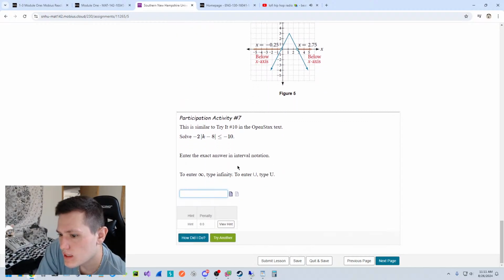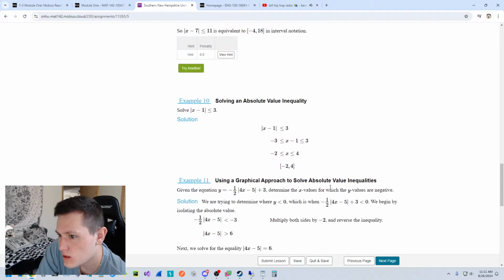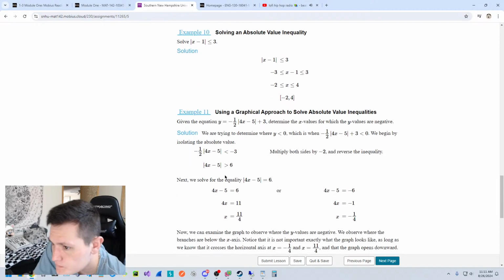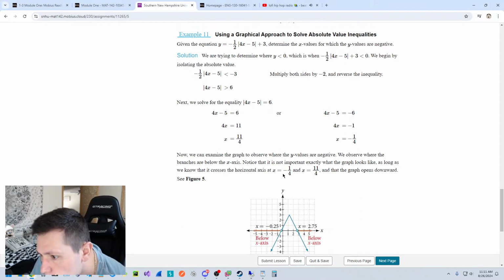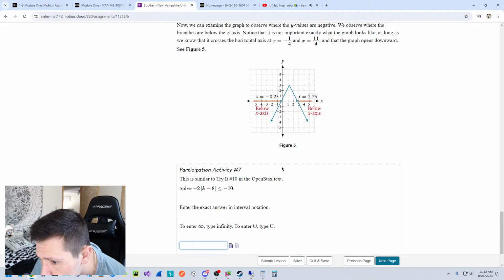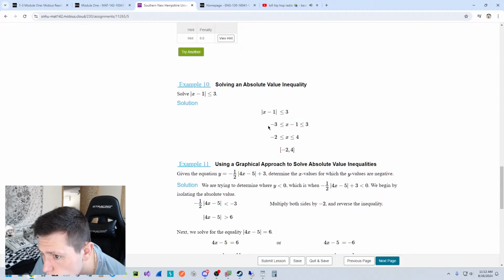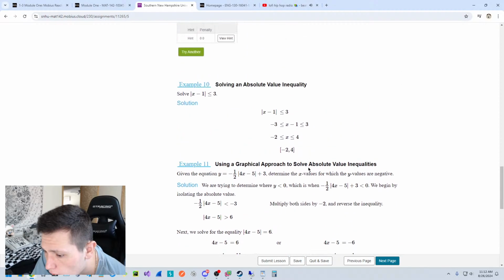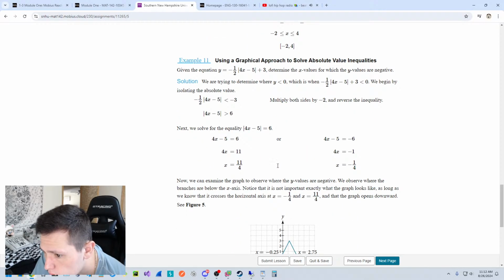Wait, it says that it needs to be in integral notation though. I've solved it, but now I have to rewrite it, this needs to go.